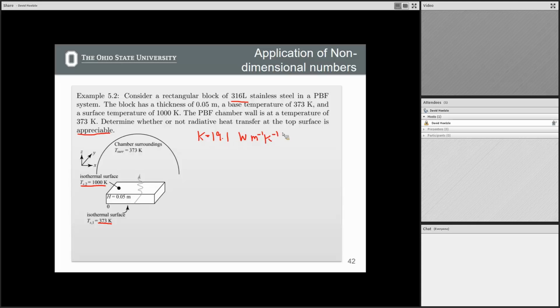And so we can calculate approximately, if we assume that this is a one-dimensional material, the heat transfer rate from conductivity. Here I'll write it out symbolically first.